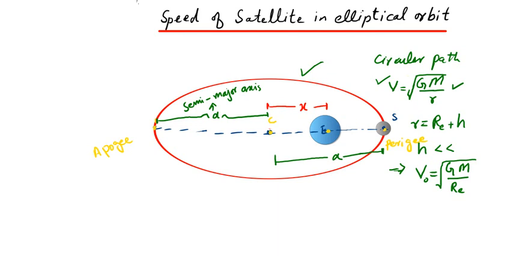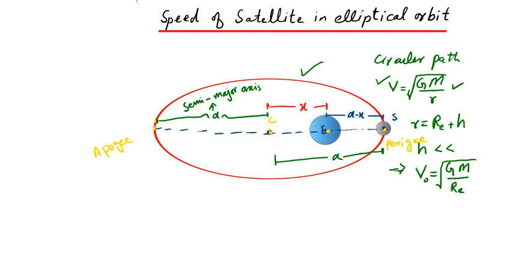Now if I want to calculate this remaining distance, from here to here, this is just the distance a minus x. So the distance between the perigee point and the planet is represented by a minus x.